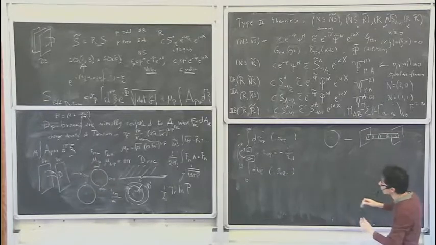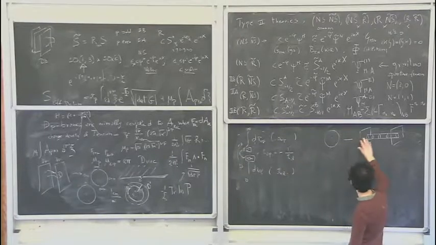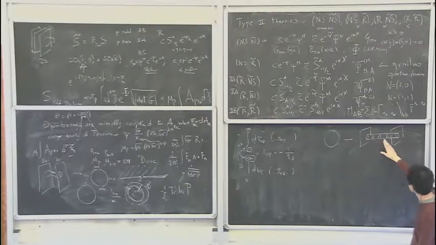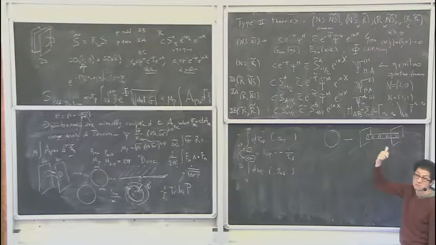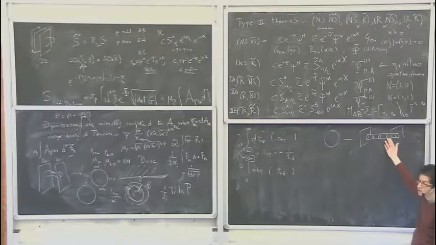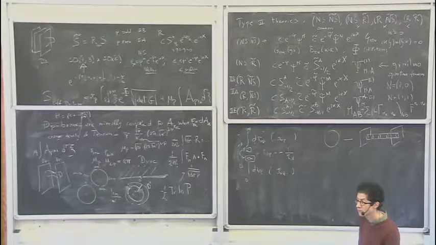So if you focus on the Neveu-Schwarz contribution here, then you would like to match that result at large distances with the exchange of graviton, dilaton, and B mu nu. You will see that B mu nu does not appear, and in general, graviton and dilaton are the only ones that contribute.